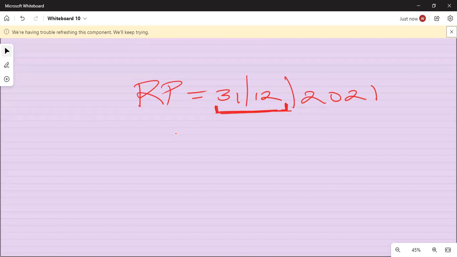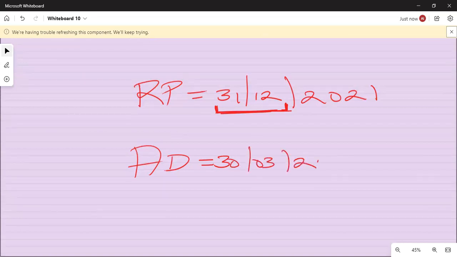But now, let's say the authorization date, when you authorize your financial statements for issue, is 30th of March 2022. This is the cutoff date, meaning that on this particular date you send your financial statements out to the public.